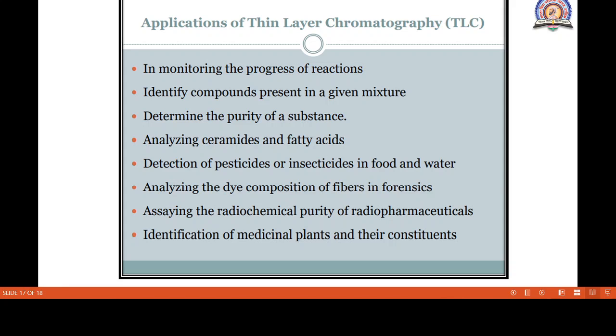Identifying the components present in a given mixture, determining the purity of a substance, analyzing ceramides and fatty acids, detection of pesticides and insecticides in food and water, analyzing dyes, composition of fibers in forensics, analyzing the radiochemical purity of radiopharmaceuticals, and identification of medicinal plants and their constituents. So these are the applications of thin layer chromatography.